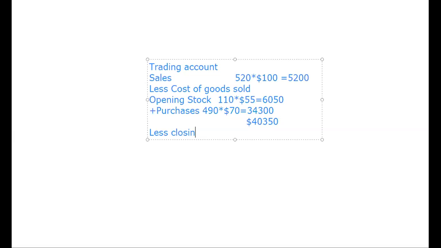Closing stock. Our closing stock figure is the figure we calculated using the LIFO method, which would be the 80 units multiplied by 55, which would be equal to 4,400.